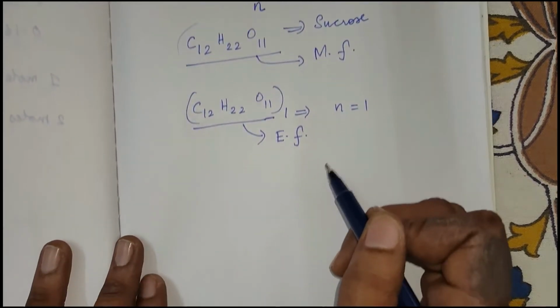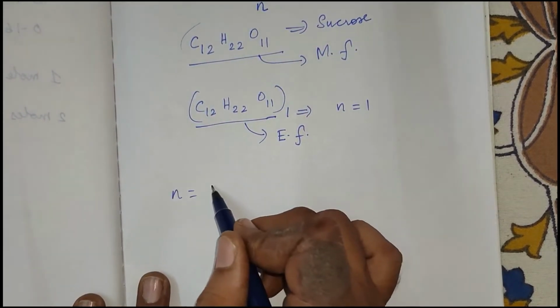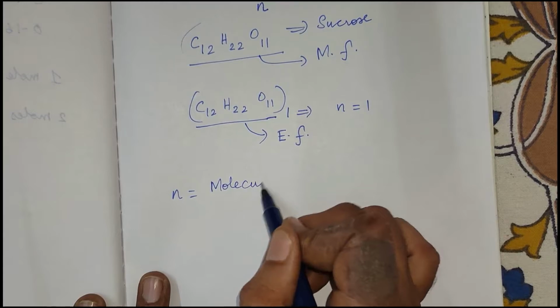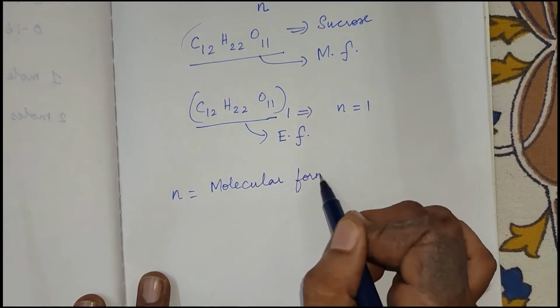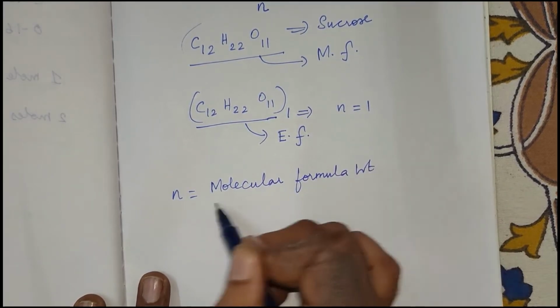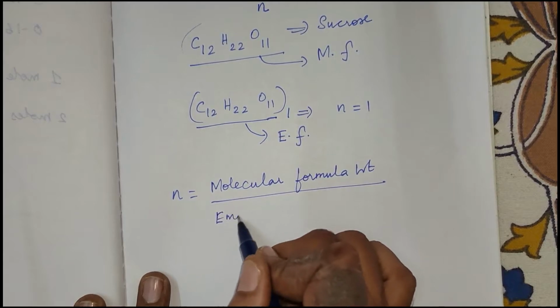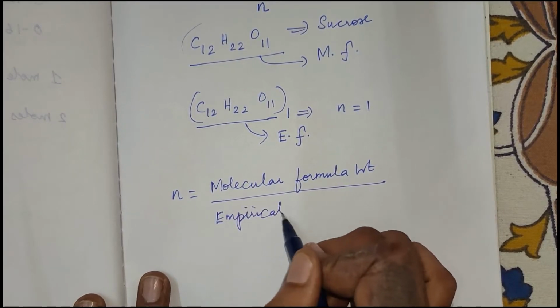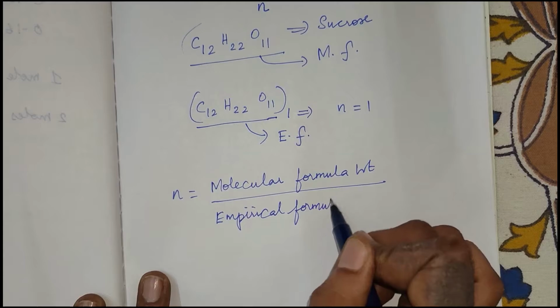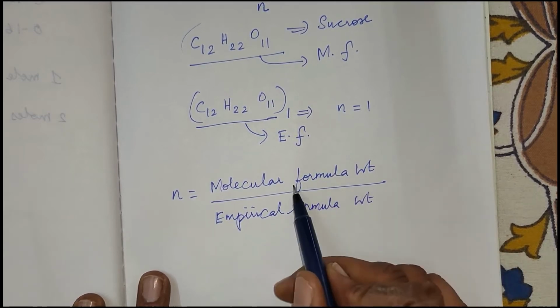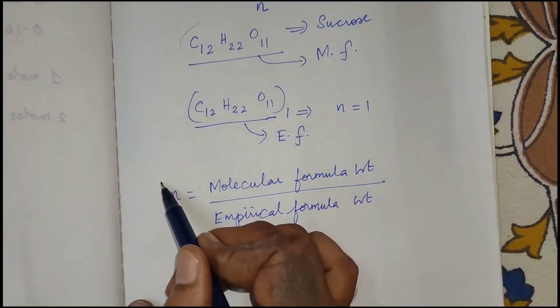So what is the formula for N? N is equal to molecular formula weight divided by empirical formula weight. So if you want N, you should divide the molecular formula weight by the empirical formula weight. This is one formula.